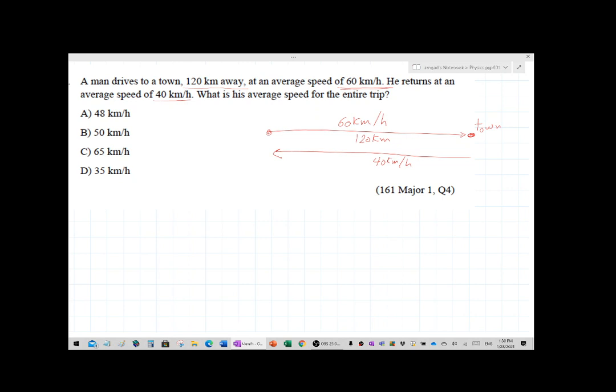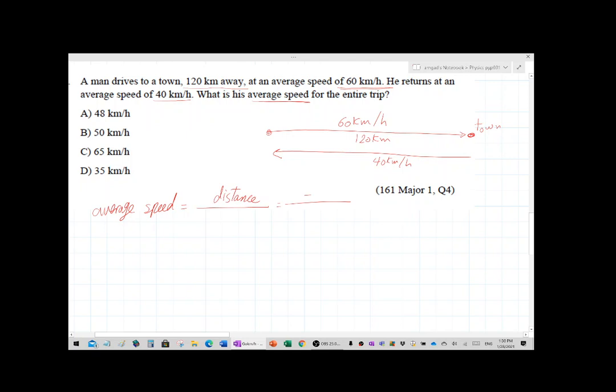Okay, here I will calculate the time for each one, and I know that the average speed equals the total distance, and the total distance here, he went 120 kilometer forth and another 120 kilometer back, so it's 240 kilometer.